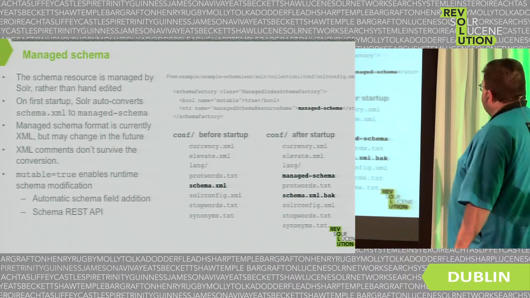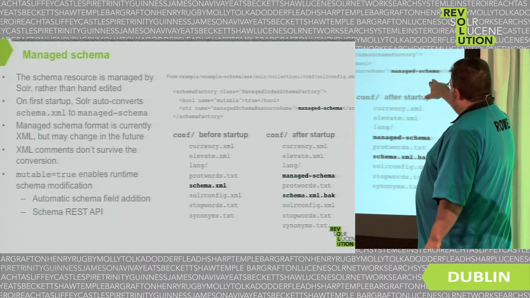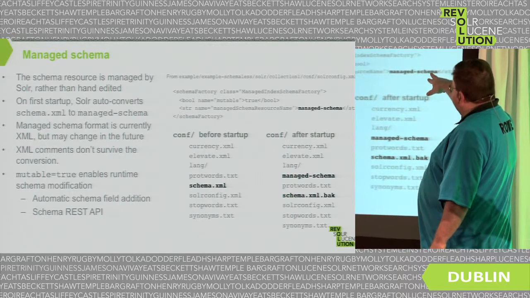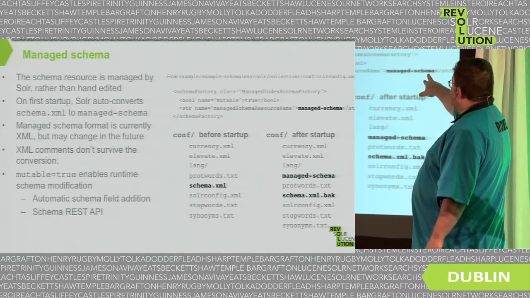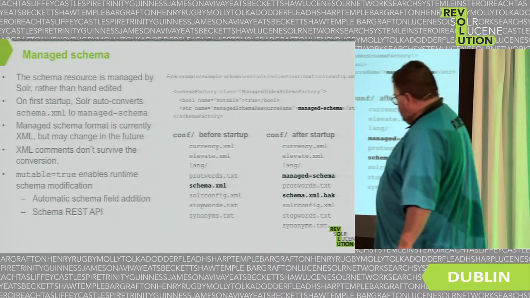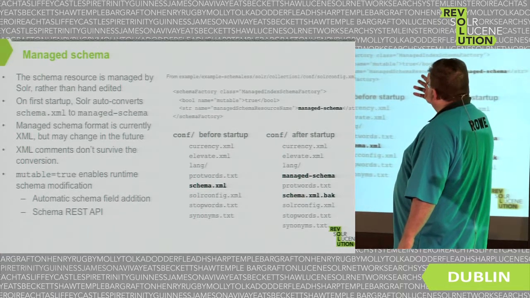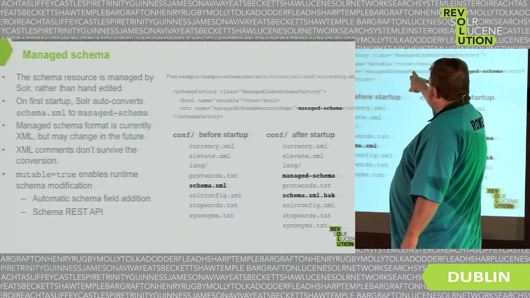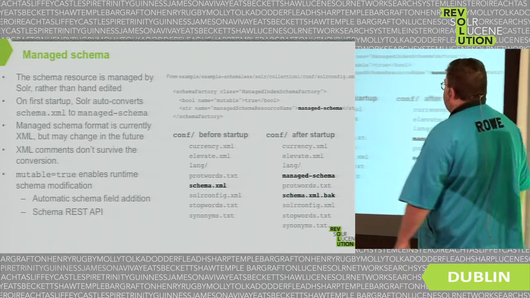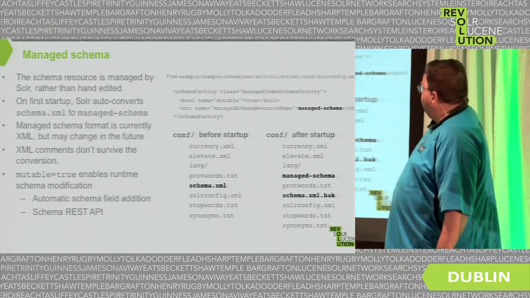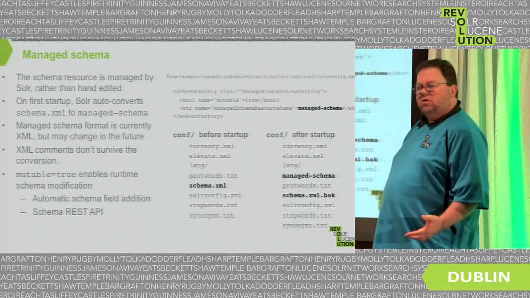So here's the stanza from solrconfig.xml. You can configure the name that the resource will have either on disk for standalone mode or in Zookeeper here. And in order to allow for modification of the schema, you have to set this mutable setting to true. Currently, the format of this managed schema file is XML, but that could change in the future.